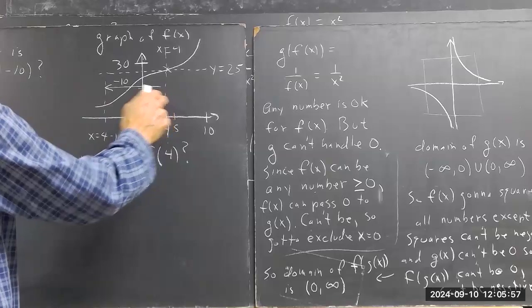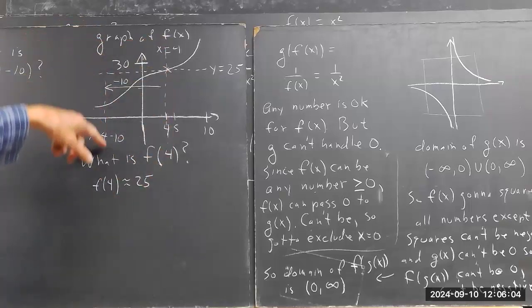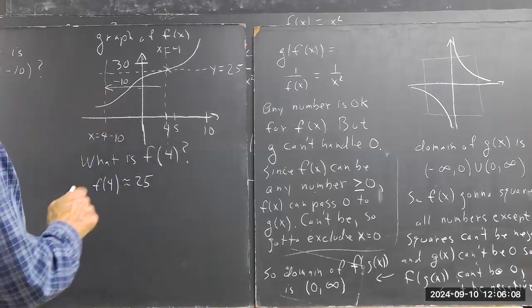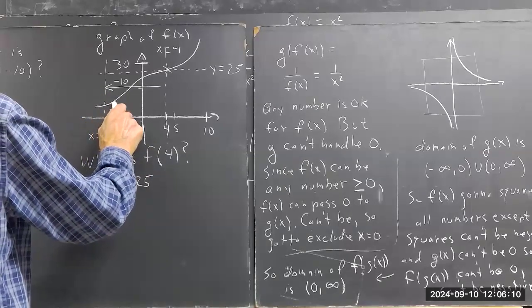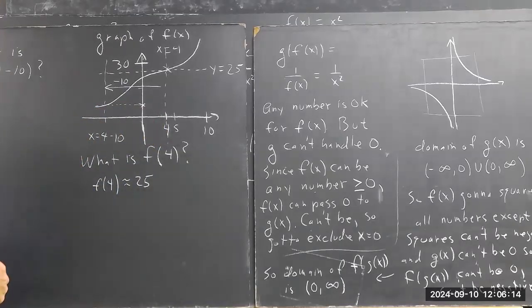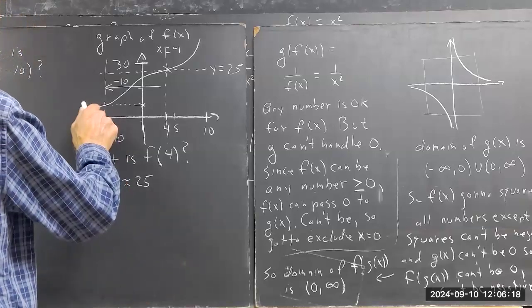This arrow represents movement of -10. So the line x equals 4 goes over to the line x equals 4 minus 10. And you make an estimate, and there's your estimate. That looks like it's about 8, let's say. Let's just say that's y equals 8.